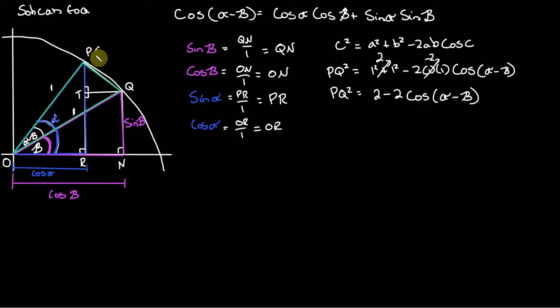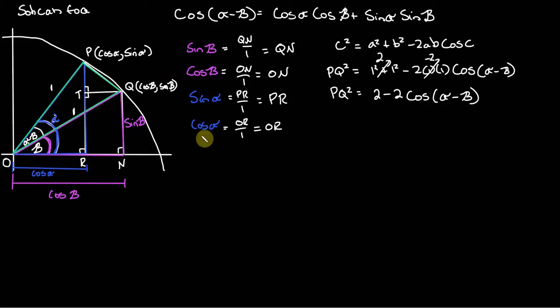The coordinates for P are cos alpha, sine alpha. What about this point Q? Well, Q is cos beta, this entire length ON, and sine beta.